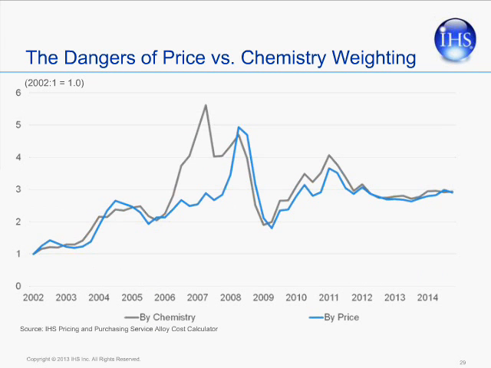In 2007, when nickel prices were much stronger than other materials, if you had weighted by price, you would have totally missed that spike in your material costs. Whereas if you weight by chemistry, you can see it filter through, and you can be better prepared for those price increases and know that you have to hedge around them or hold off on buys even.